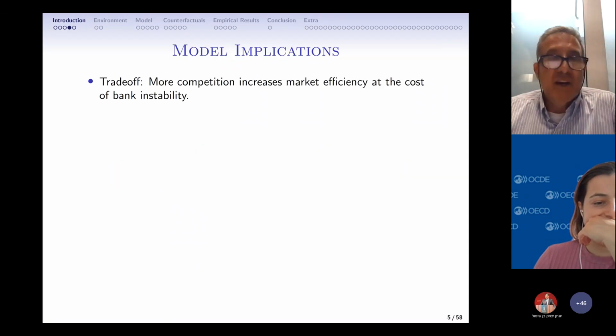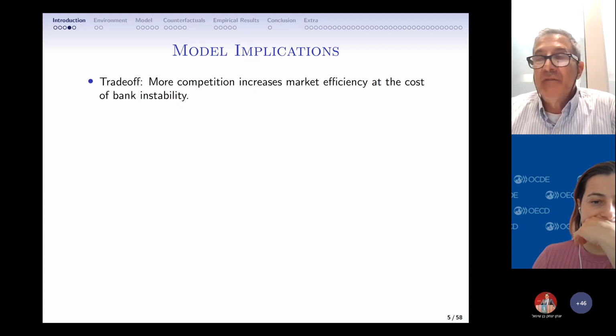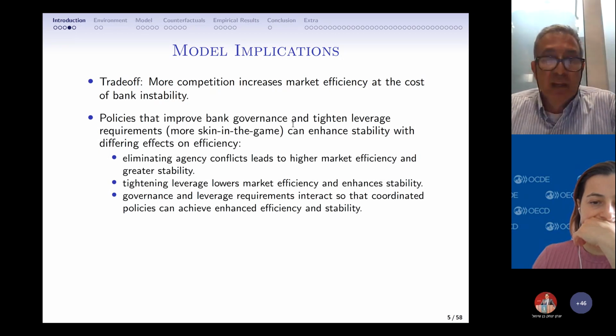So what are the model's implications? More competition can increase market efficiency. That's the benefit of more competition, but it can, in fact, lead to more bank instability. And so we're going to focus on a couple of different policies.